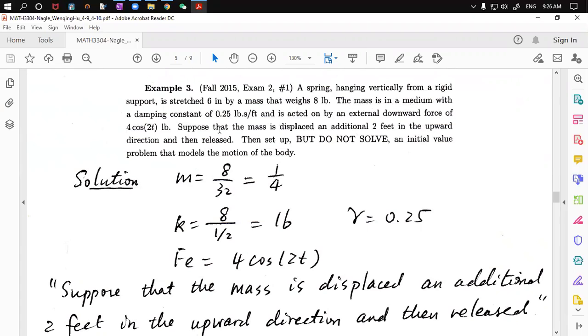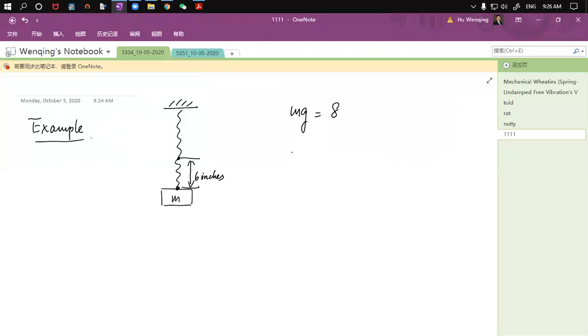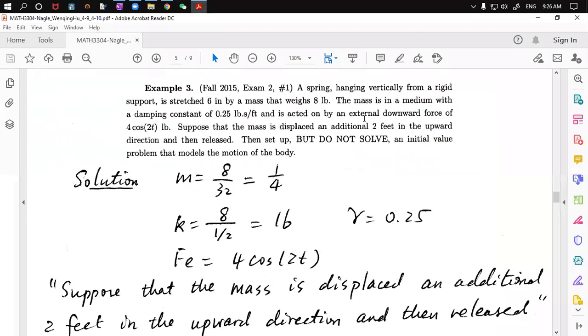The mass is in a medium with damping constant. So from here you can calculate the mass, which is equal to 8 divided by the gravitational constant. g is equal to 32 if it is measured in pounds. So 8 over 32, you got the mass. And then you want to calculate the damping constant, right? Here it says that the medium has the damping constant 0.25 in terms of pounds and feet.